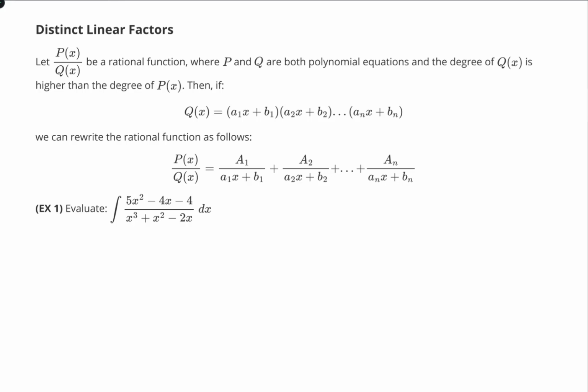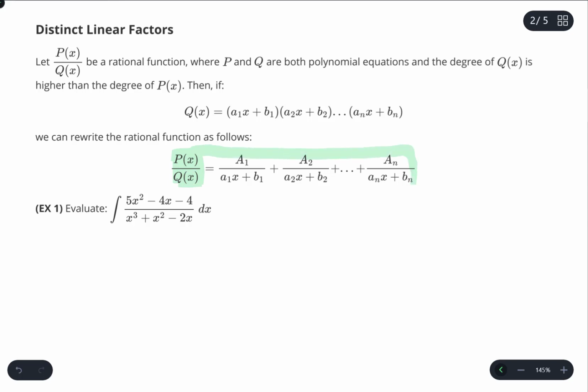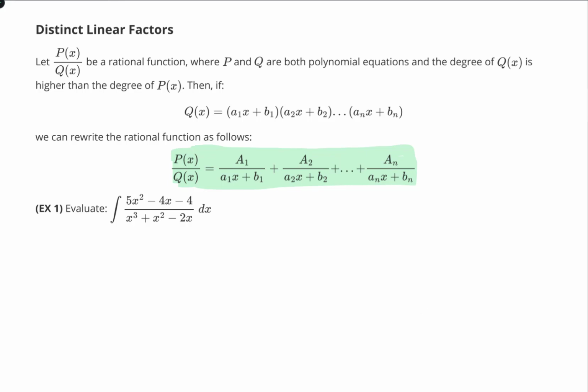Then if q of x can be written as distinct linear factors, so every linear factor is different from all the other linear factors, and there are no irreducible quadratic factors, then p of x over q of x, so this rational, can be written as the sum of all of these terms. So just take each linear factor from q of x, put a constant over that, add those together, and that's going to be your structure of the decomposed fraction.